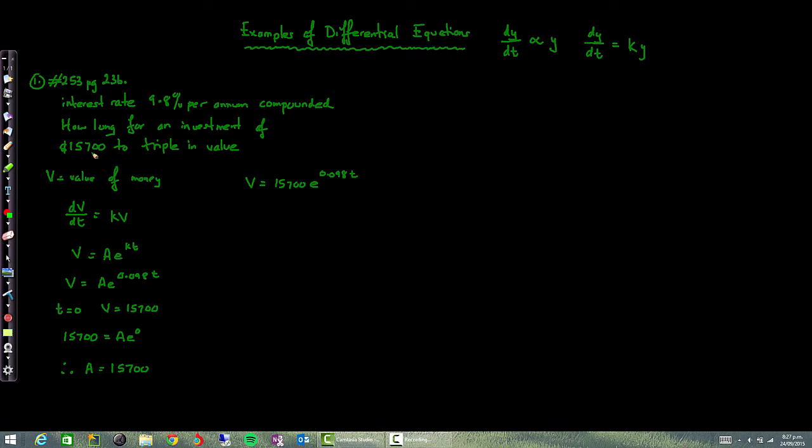Now triple 15,700, you get 47,100. So when will the V be equal to this? So what we're effectively after here is time, the value of t that would make this true. Let's fix up that little error.